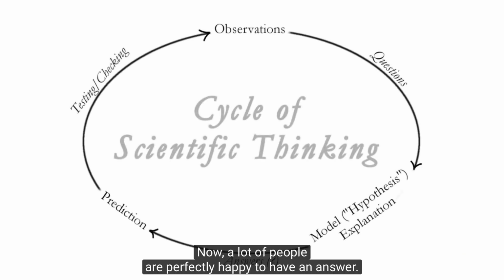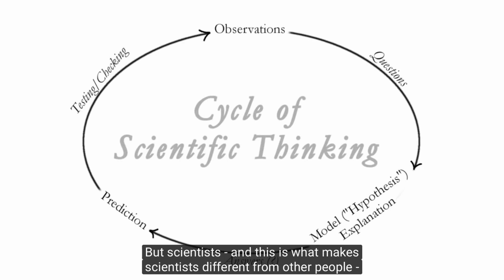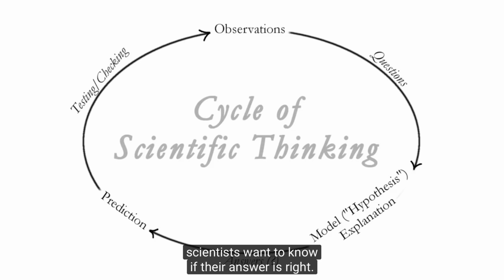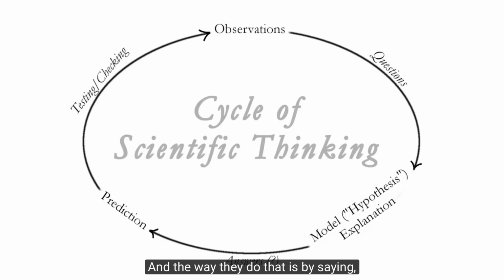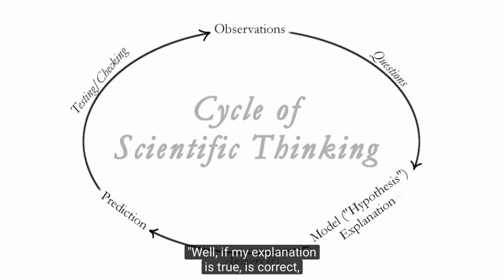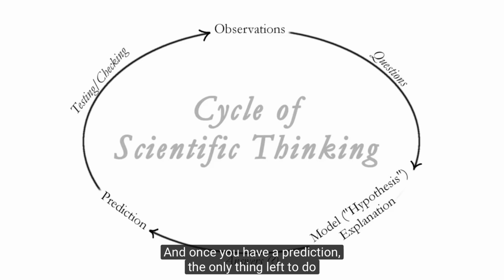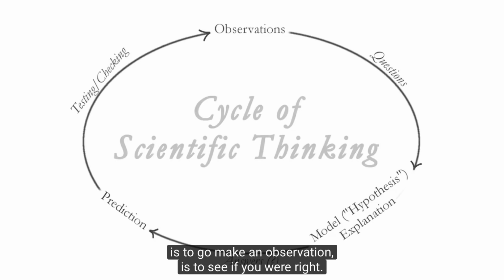Now, a lot of people are perfectly happy to have an answer. But scientists, and this is what makes scientists different from other people, scientists want to know if their answer is right. And the way they do that is by saying, well, if my explanation is true, is correct, then I should also see this. They make a prediction. And once you have a prediction, the only thing left to do is to go make observations to see if you were right.